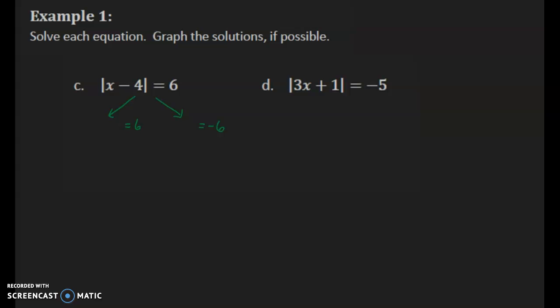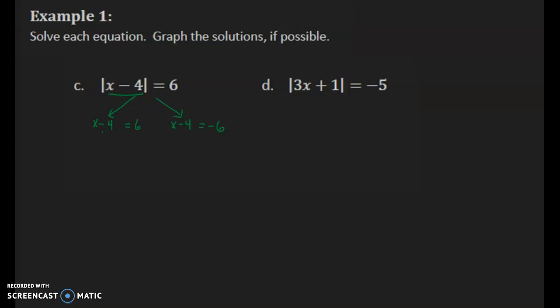The only difference from the previous problems is that what's inside the absolute value bar is more than just x. So it's not just that x equals 6, it's x minus 4 equals 6 and x minus 4 equals -6. I wrote what was inside the absolute value bar and made two equations: what was inside equal to 6 and what was inside equal to -6.